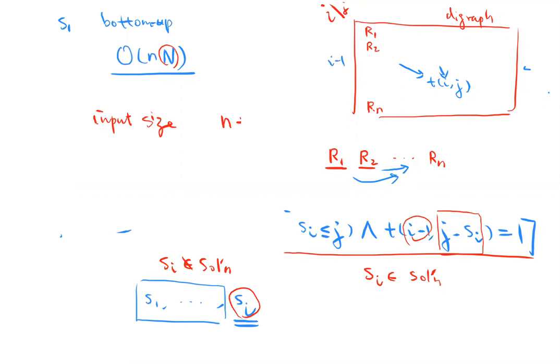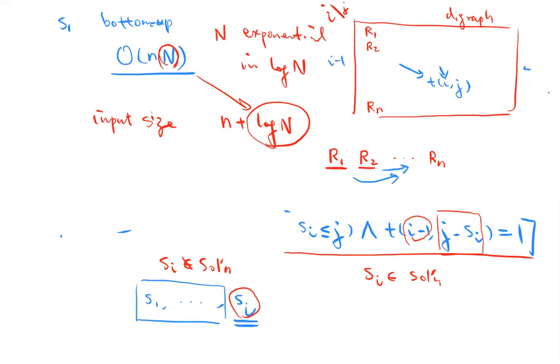The input size is n plus log N. The encoding of big N is only log N, but N is an exponential function of log N. So it is not really a polynomial time algorithm. For small N, it works very fast, but when N is large, it's slow. Theoretically, it's not a polynomial time algorithm because of this N. The encoding length is only log N, but here the complexity is N.